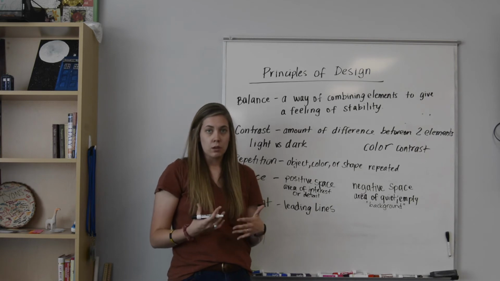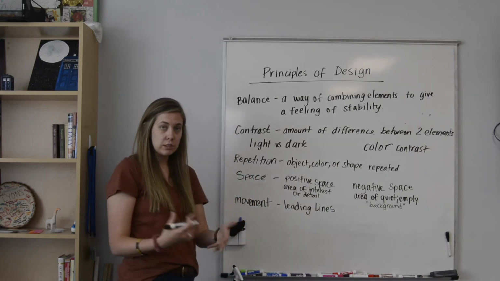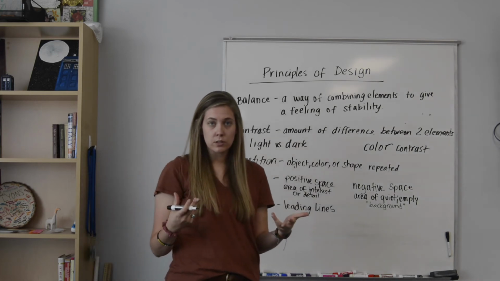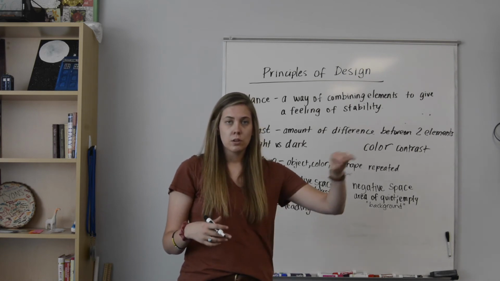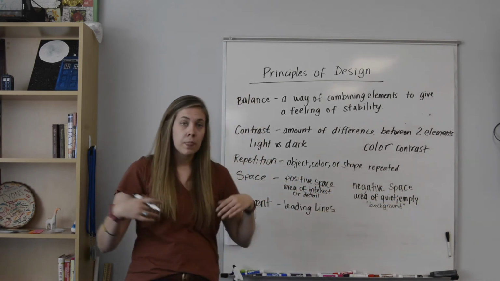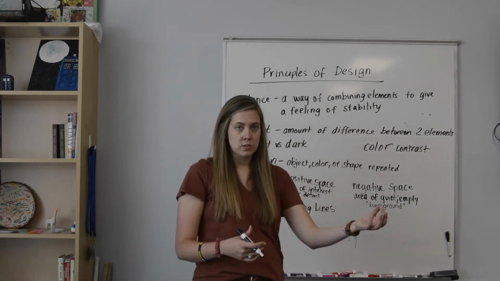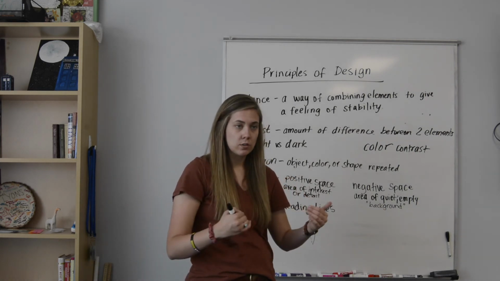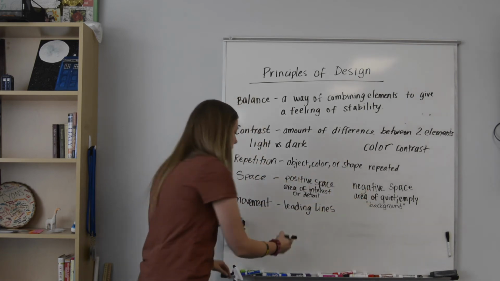So what does that mean? If you've ever seen a photograph of a street and the subject, the person of the photograph, is standing in the middle of the road, standing on the yellow lines, those yellow lines become leading lines if the person is in the middle of the road, because the lines start at one end of the photograph and lead up to the subject.